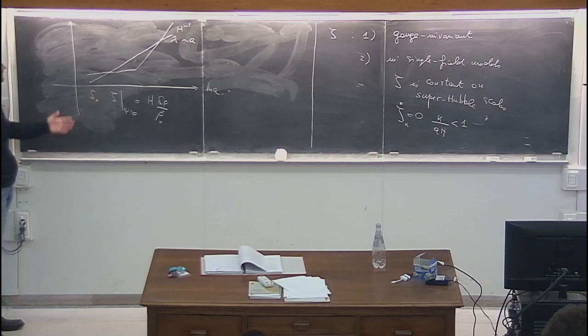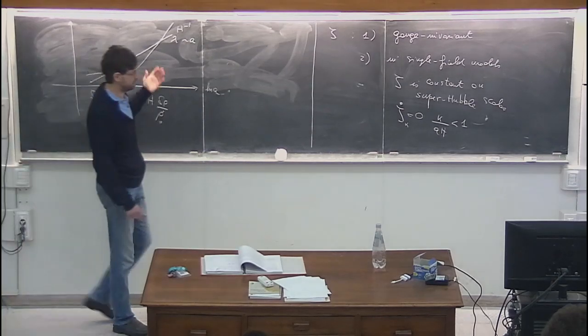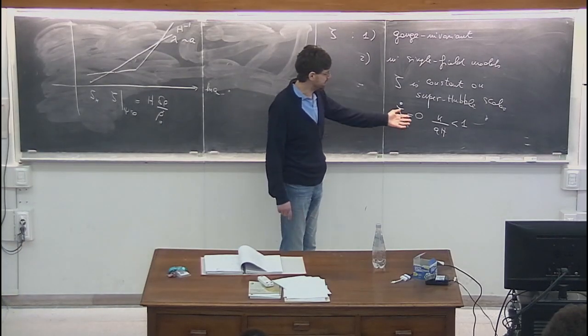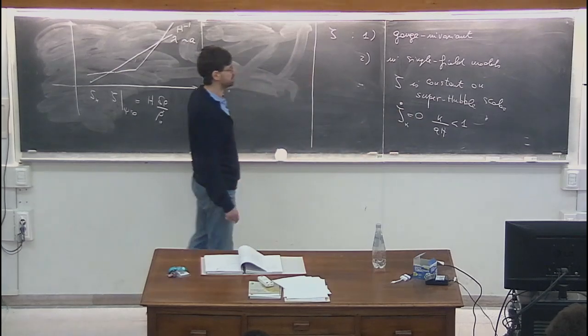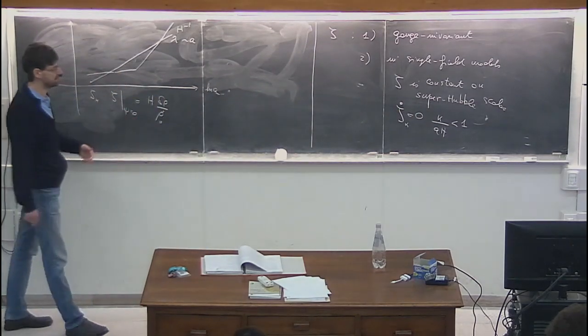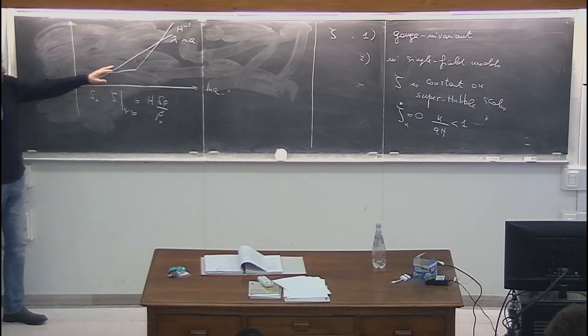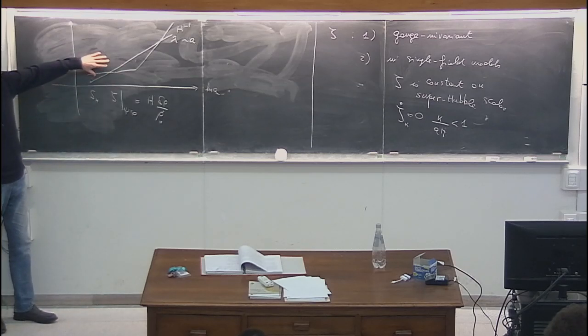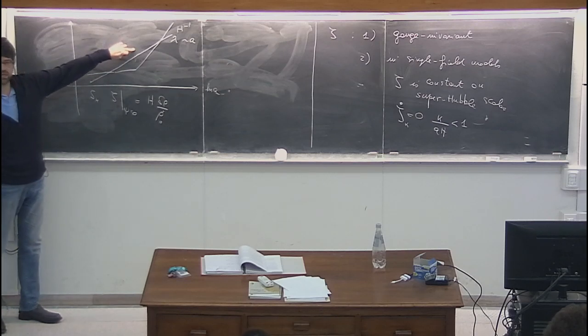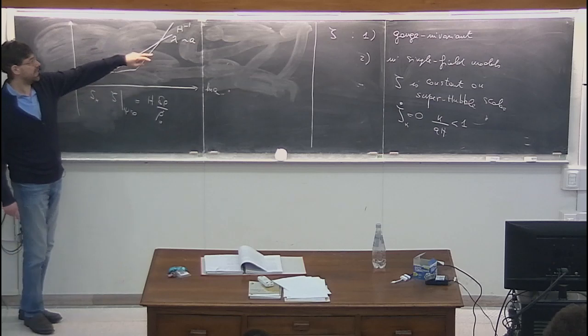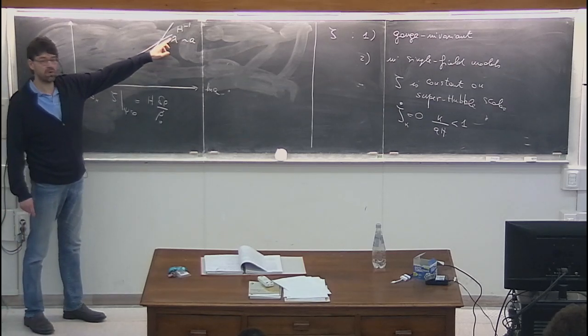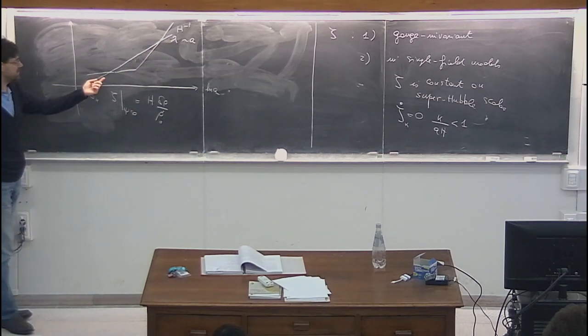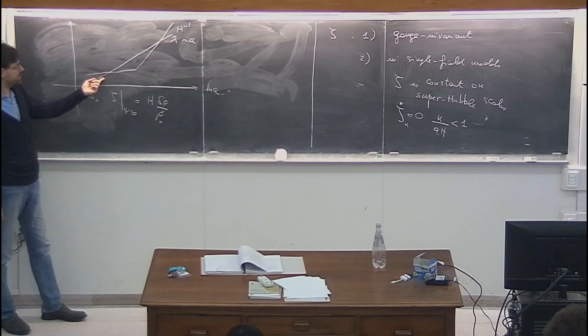So the beauty of this picture relies, as far as I'm concerned, on this assumption here for the time being. Then we will extend this assumption, we will release it. But for the time being, let's focus on the fact that zeta is constant. The fact that zeta is constant when it is on super-Hubble scales allows you to make a prediction for a quantity that you measure today, coming from the theoretical prediction that you have at 10 to the minus 30 seconds.